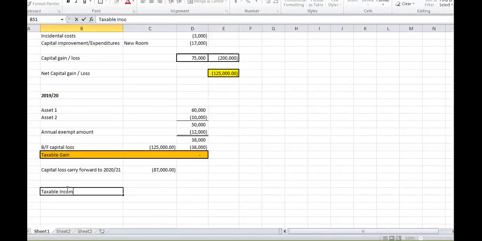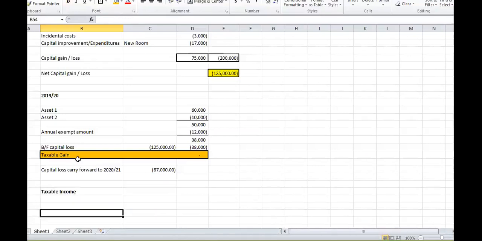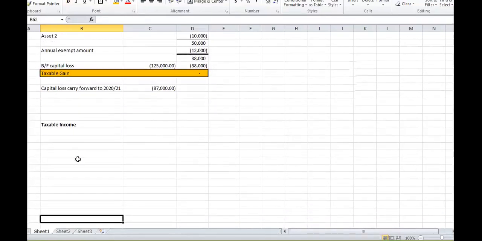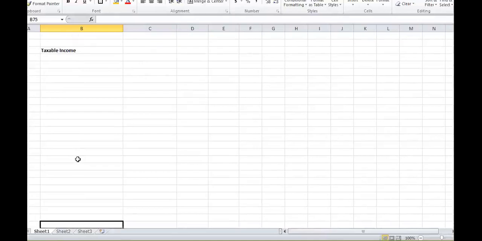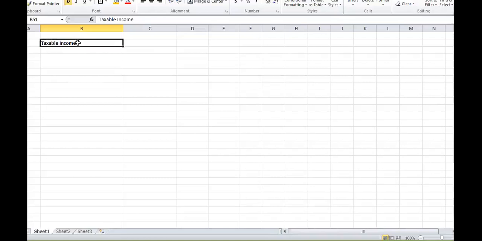Taxable income. I'm going to explain 2 points of income tax which are relevant over here. Taxable income.